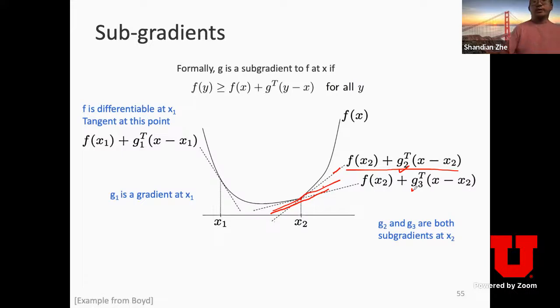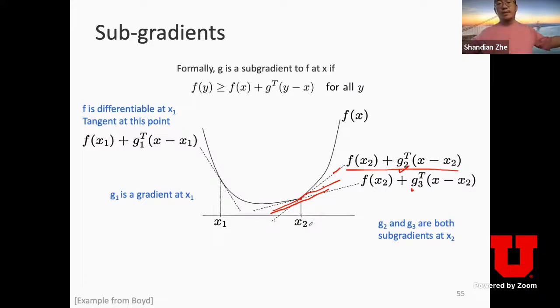I just wanted to show two different input locations. At x1, f is differentiable, so you have the gradient and you don't need to worry about the gradient calculation issue. But at x2, f of x is not differentiable. F of x doesn't have any gradient at x2.